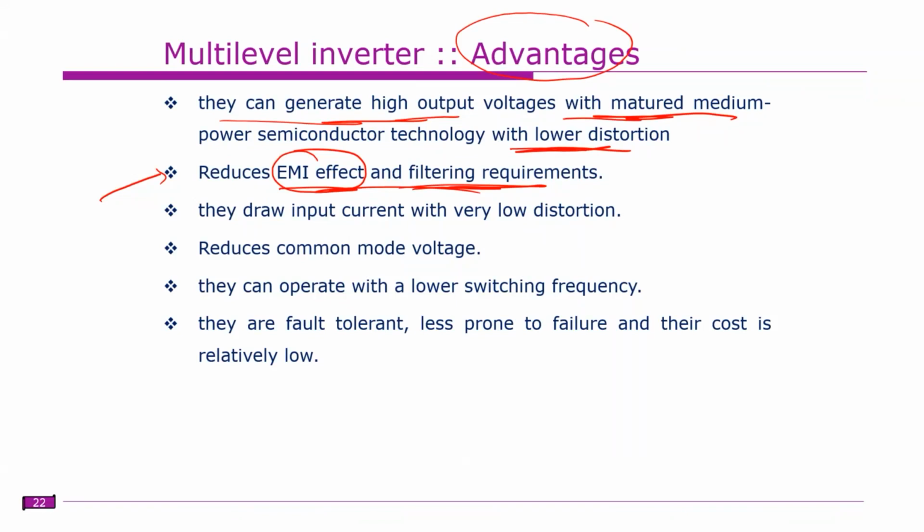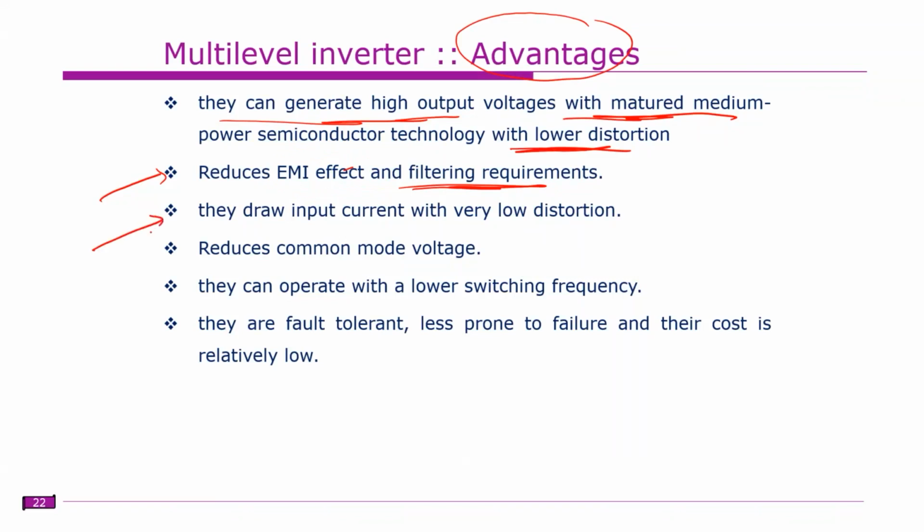In that case, if it is connected to nearby communication lines, the communication frequency is usually in megahertz or gigahertz, so there will be some interference. That is known as electromagnetic interference, and that interference can be reduced.